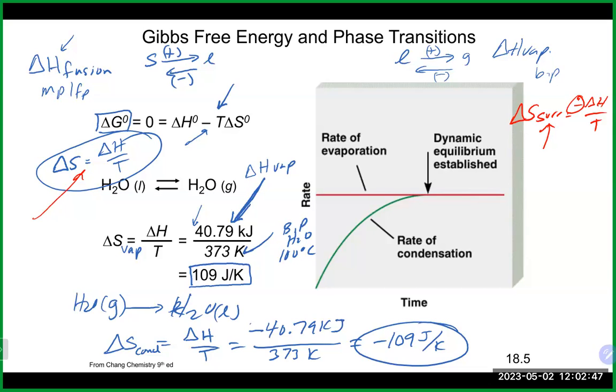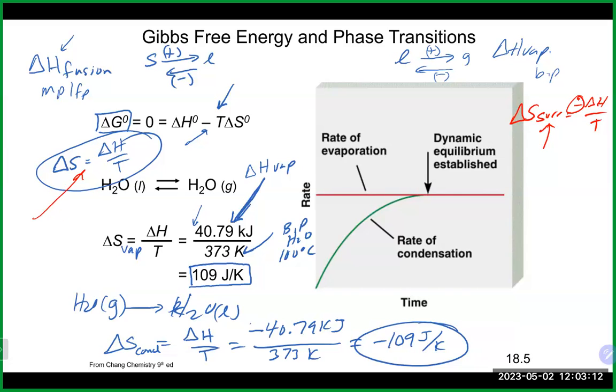Any questions on that? Yeah. When it goes from gas to liquid, the delta H would be negative because it's exothermic. So you have gas molecules flying around. In order for them to come out of the gas phase into the liquid phase, they basically got to slow down, right? So they slow down and have to lose energy. So they actually give off the energy.